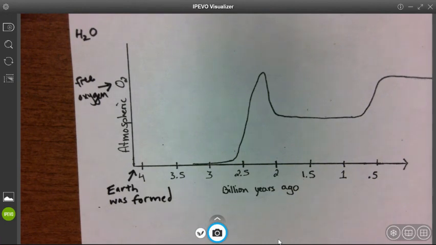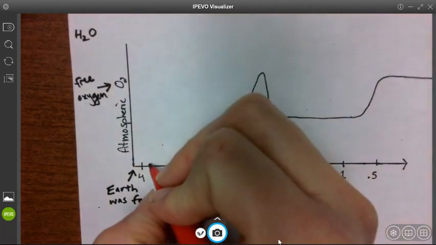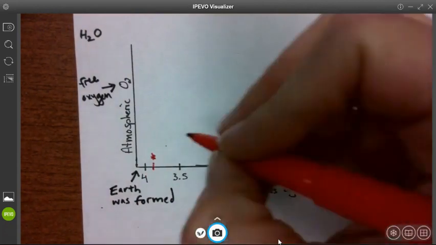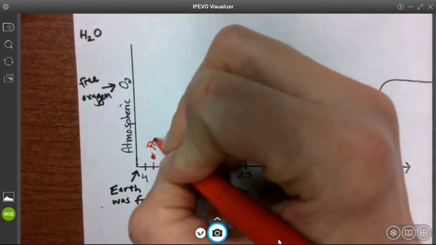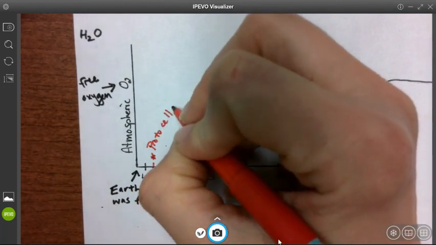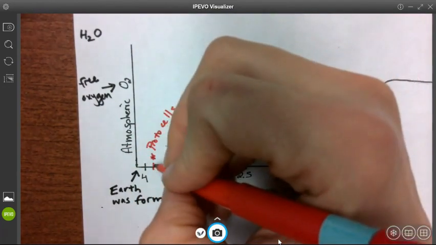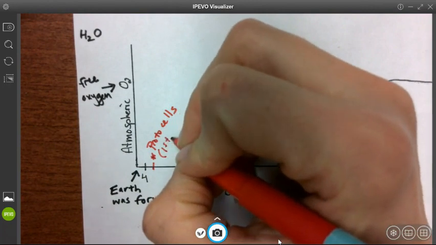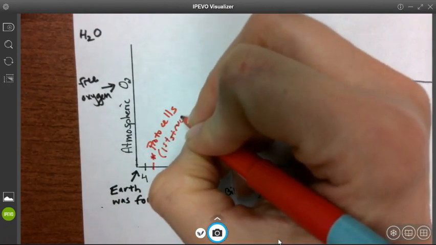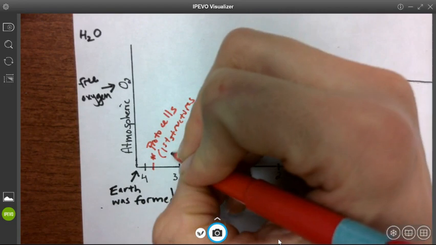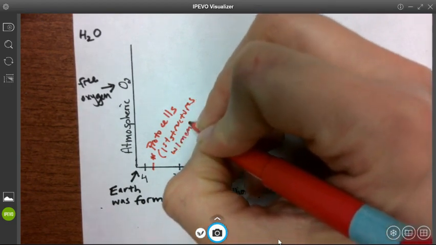Scientists see evidence of protocells about 3.8 billion years ago. Protocells are the first structures with membranes.